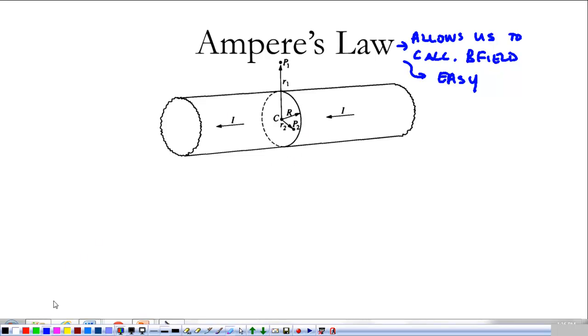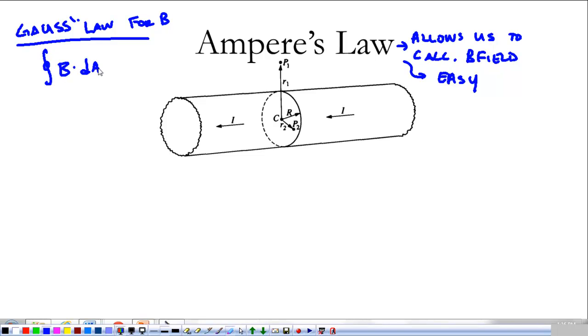The first thing that we're going to look at before Ampere's law is Gauss's law for a magnetic field. What we would hope to do with Gauss's law for a magnetic field is look at the magnetic flux through any closed surface.